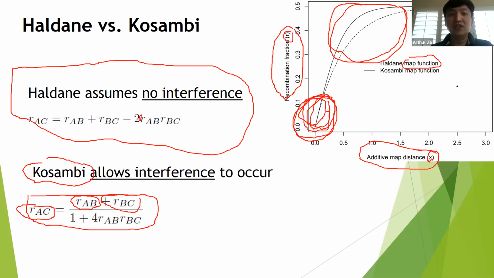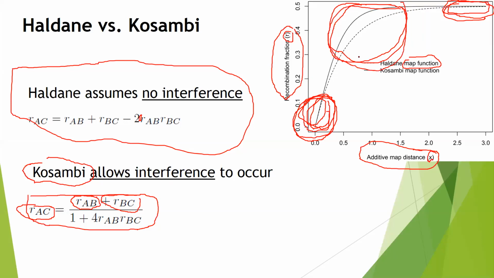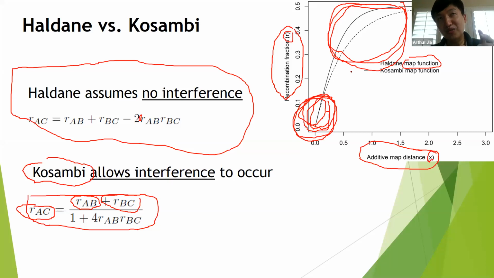However, the only difference between these two map functions is in the area in between. Because in this middle region, if the genomic distance of interest is neither small nor large, there is some level of interference between the two crossing overs.